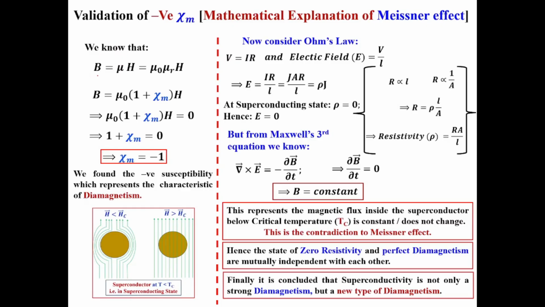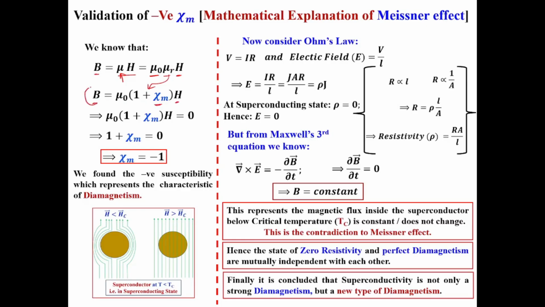We know that in general B equals mu H, where mu is the permeability of the material, which is the permeability of free space times the relative permeability: B equals mu naught mu r H. We know that mu r is 1 plus the magnetic susceptibility, chi m, so B equals mu naught (1 plus chi m) H.